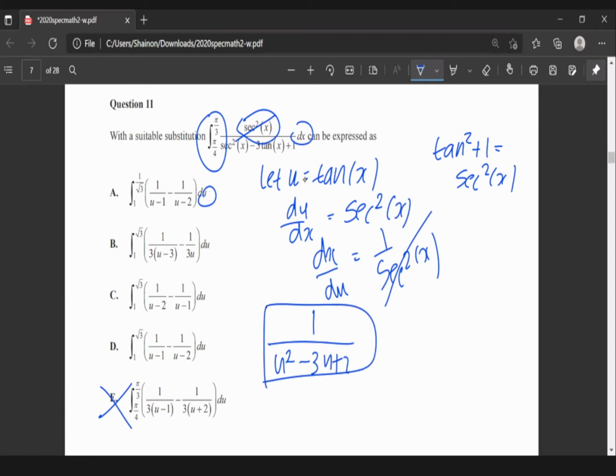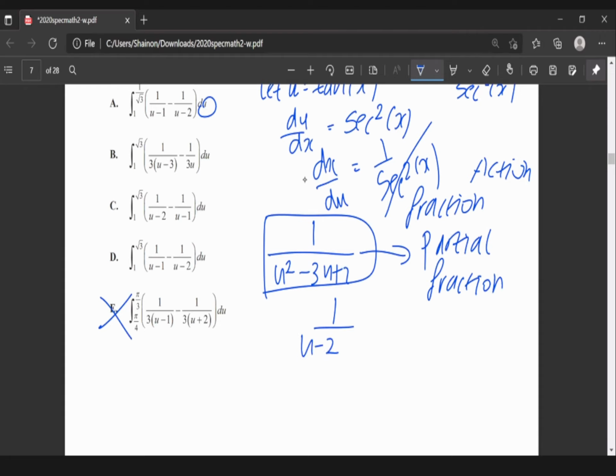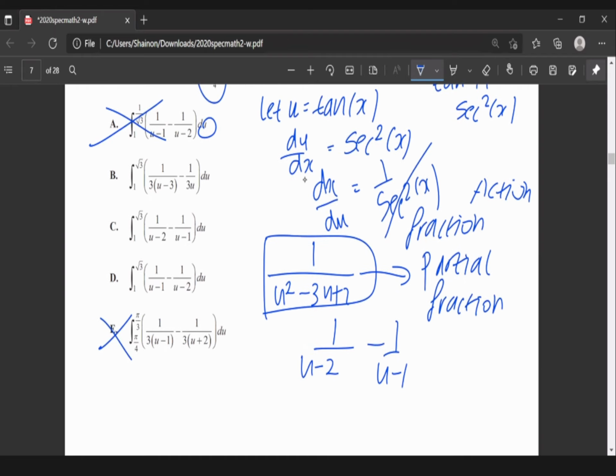Then you can put this into your CAS and convert it to partial fractions, there's a function for that, or you can do it by hand. It's going to be 1 over U minus 1. And since tan of pi by 3 is root 3, this is going to be 1 to root 3, and U minus 2 minus U. So it's going to be C.